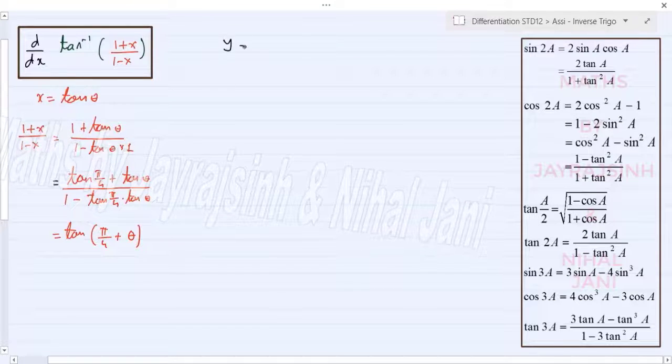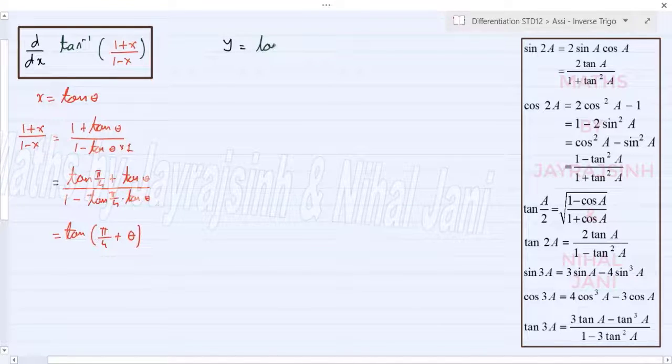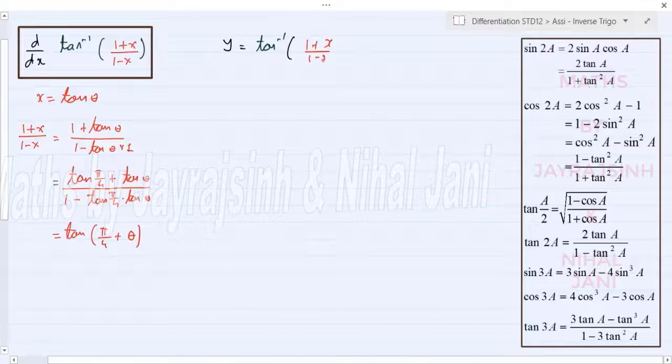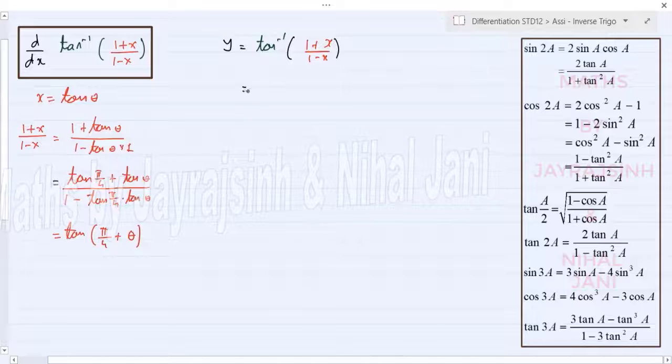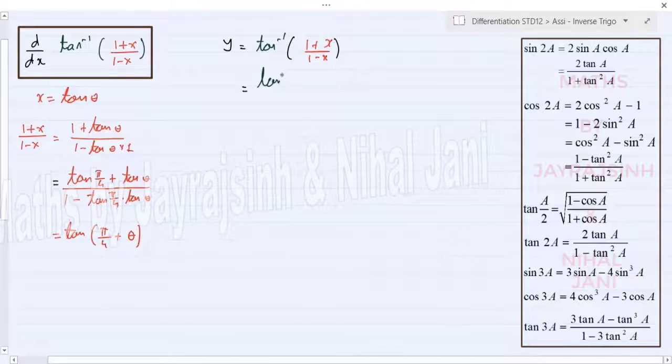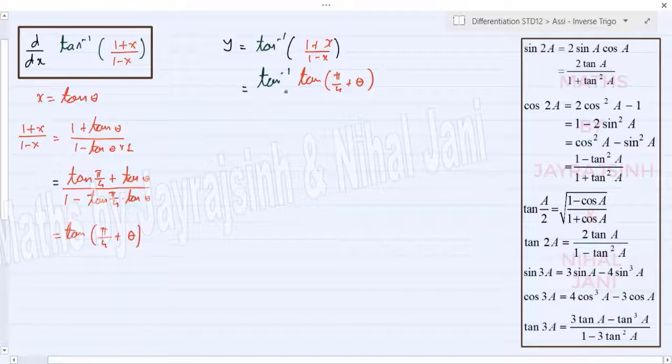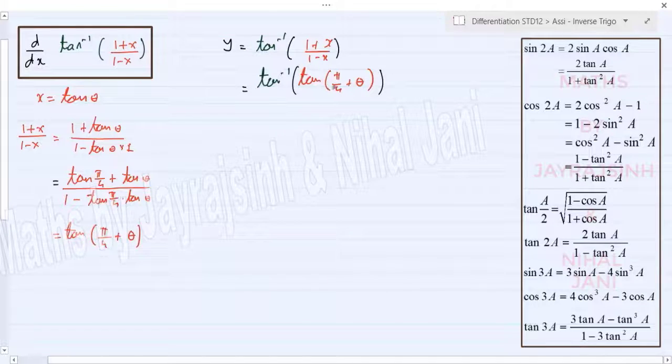So your y, which is tan inverse of (1 + x) upon (1 - x), can be rewritten as tan inverse of tan(pi/4 + theta).